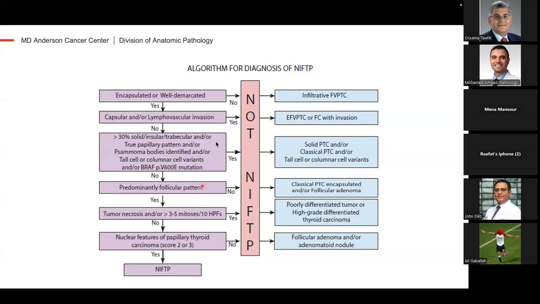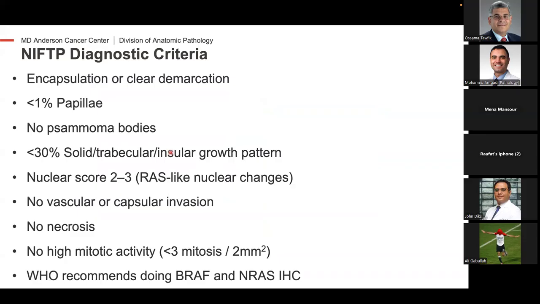Okay, how to differentially diagnose a follicular variant of PTC. Basically, encapsulated follicular variant of PTC is technically a NIFTP, because it's encapsulated, there's no invasion, and you have papillary thyroid nuclear features. The reason you're not calling it a PTC is that you have one of these exclusion criteria.